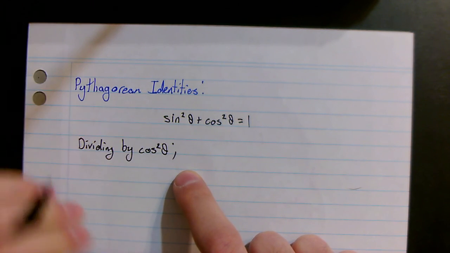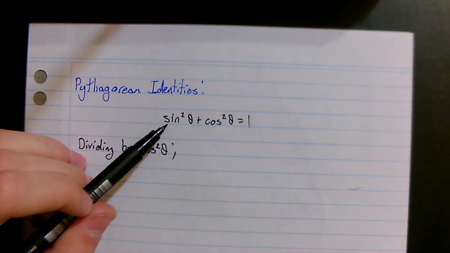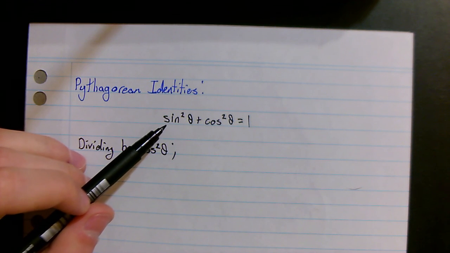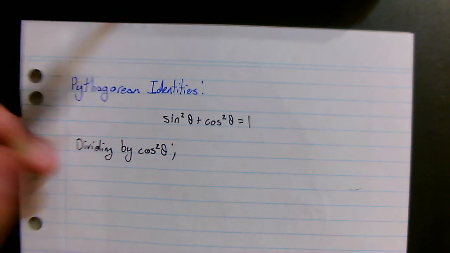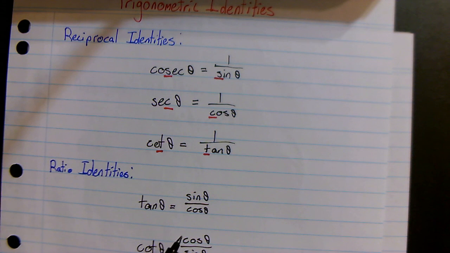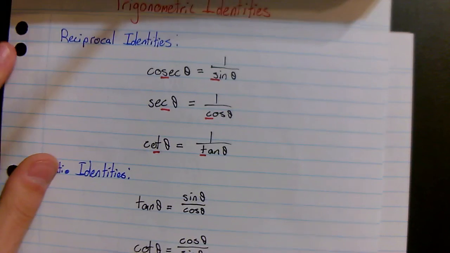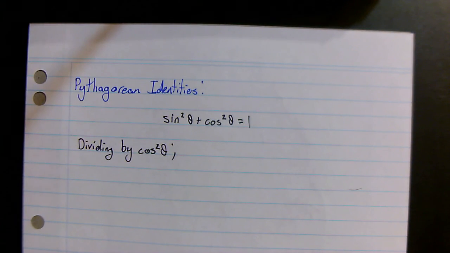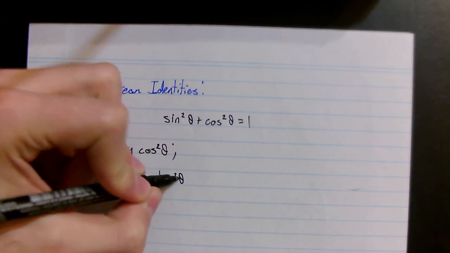So if we divide by cos squared theta, what's sine squared theta divided by cos squared theta? Well, we defined just previously that sine theta over cos theta was equal to tan theta. So that means sine squared theta over cos squared theta is going to be equal to tan squared theta. So we get tan squared theta.